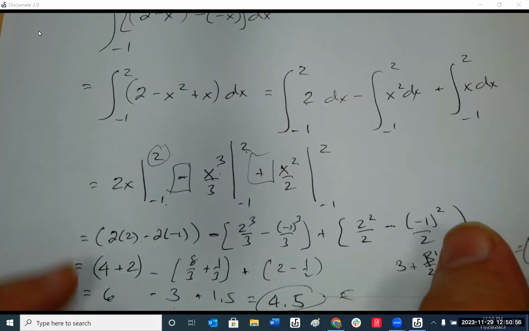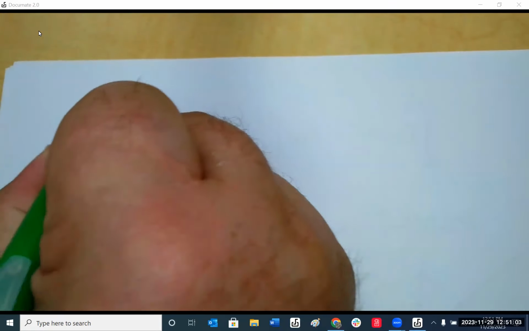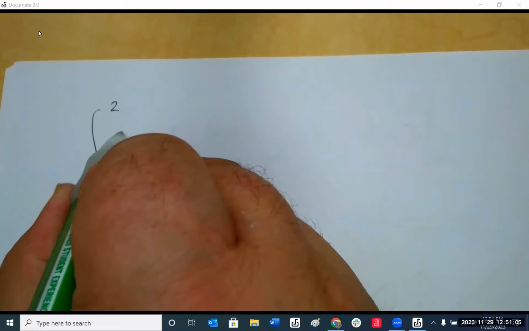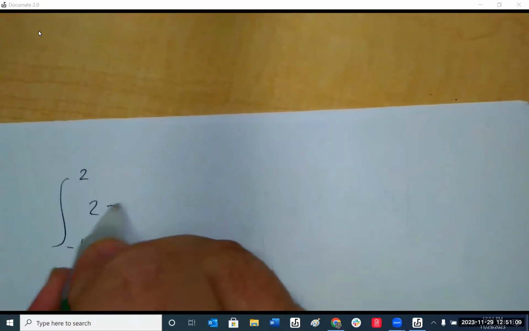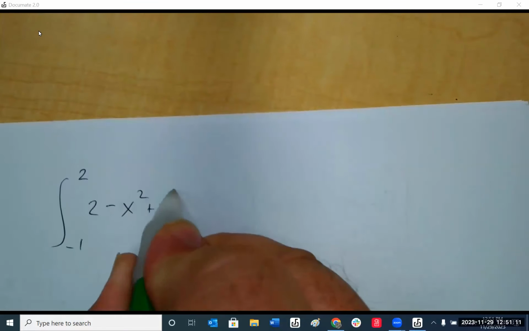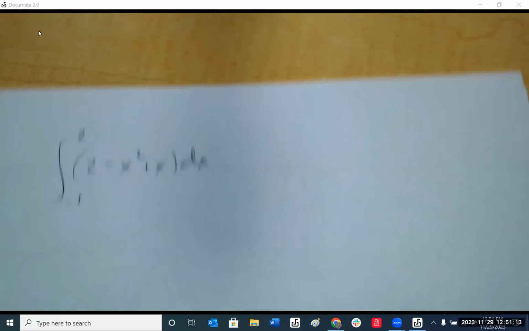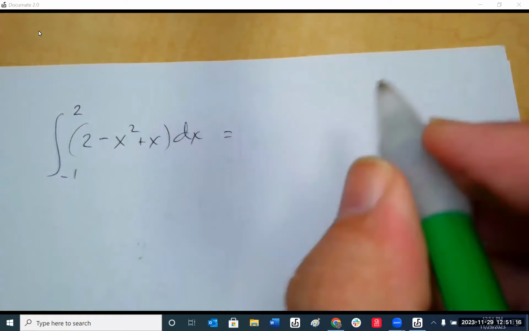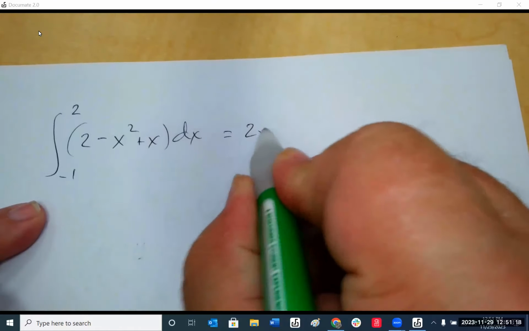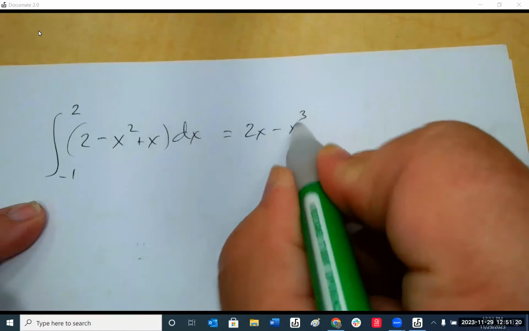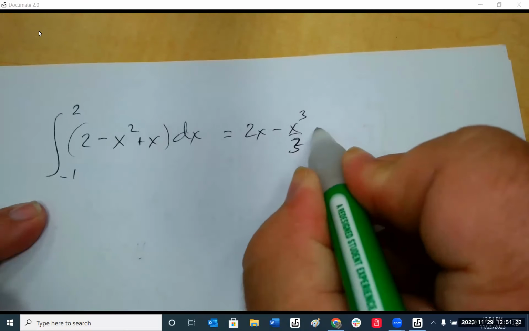I like doing it that way, but some textbooks will give you, see, it was x squared, 2 minus x squared plus x. And then what they'll do is they'll do each one of these at the same time.